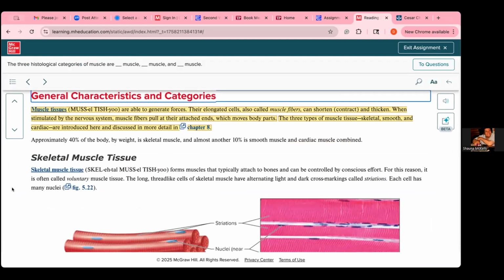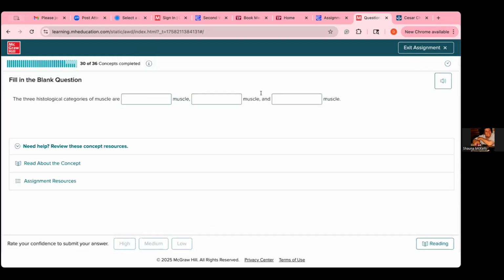So the three types of muscle tissue: skeletal, smooth, and cardiac. That's how they have it in the book.